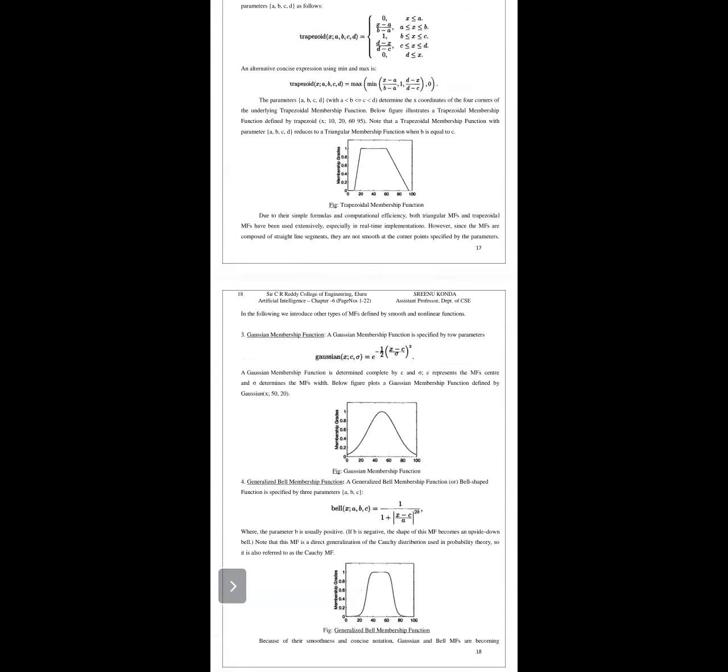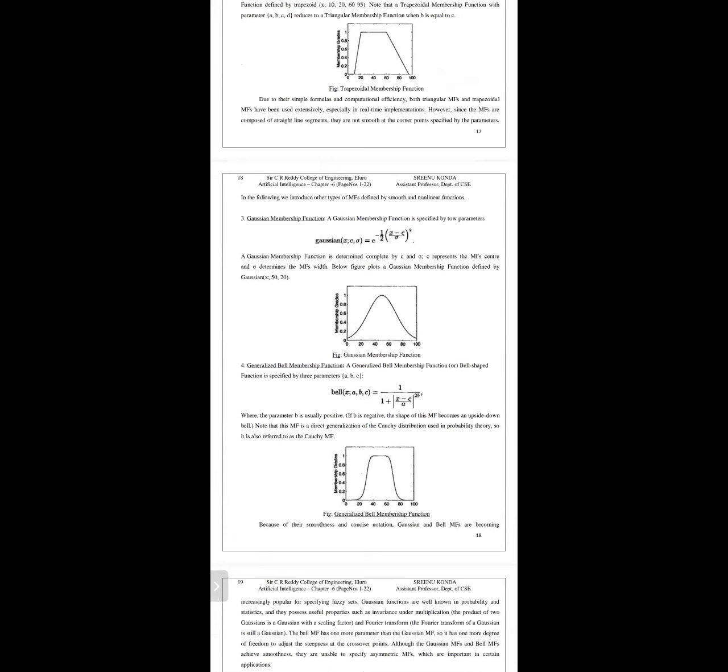Next one is the generalized bell membership function, also called the bell-shaped function. It is specified by three parameters A, B, C, and is defined as bell of x, A, B, C equals 1 by 1 plus mod of (x minus c by a) to the power of 2b.